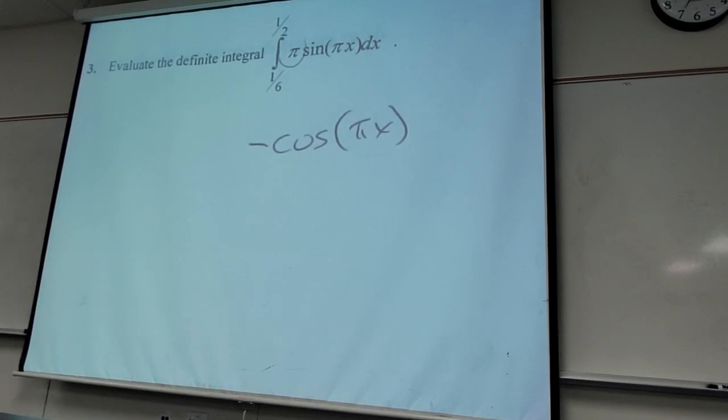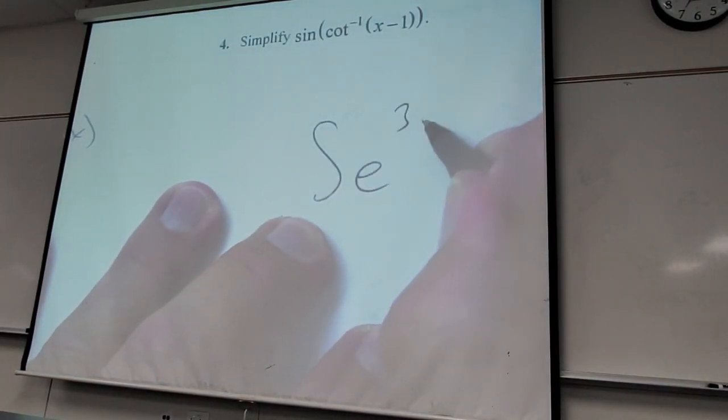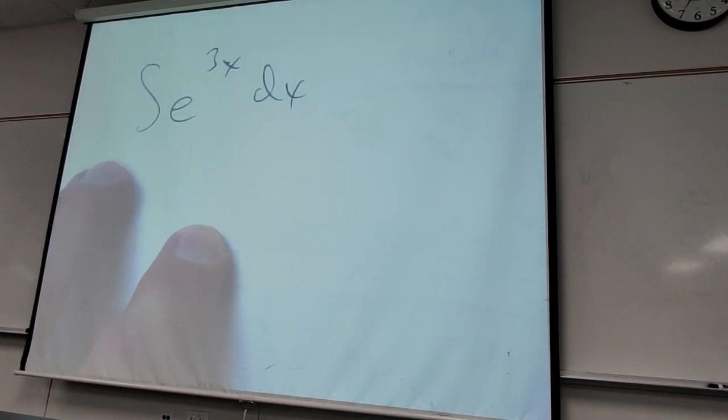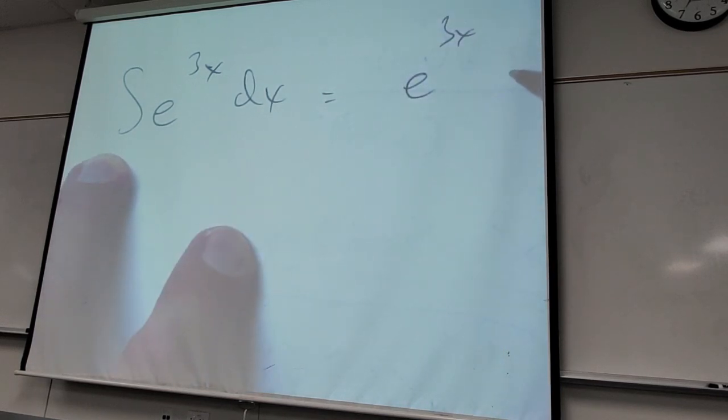Let me do a couple more real quick before we finish this. Integral of e to the 3x. I do not have to use u sub. E to the 3x. Why is that wrong if I think that's the answer? What would I get if I take the derivative? A factor of 3.